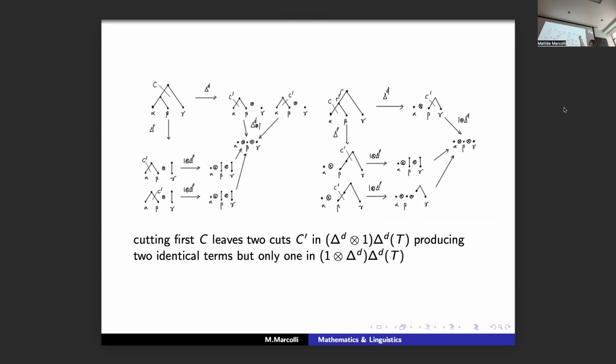Why can't you cut the edge together? Right, so let's say that I'm computing this part of the coproduct. The second cut, I have to place in the part that remains, not in the part that has fallen off. So let's say that my first cut is here. The part that remains in this case is just this, but in this case, the part that remains is this, with this non-branching vertex.